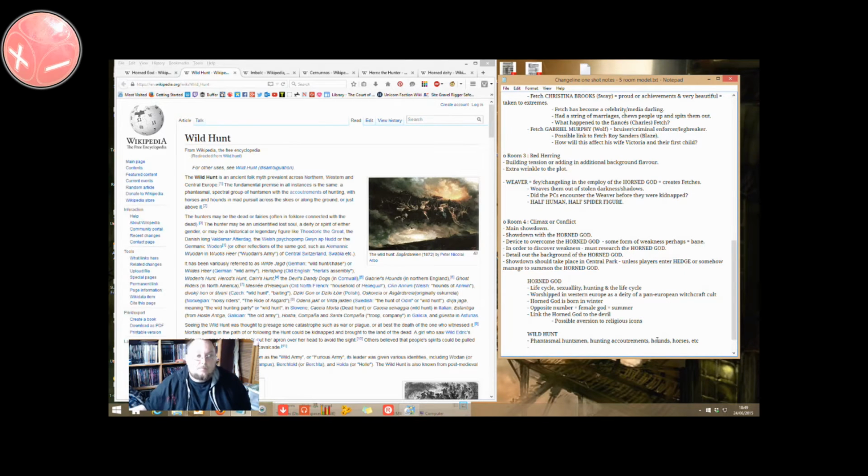Hunters may be dead or fairies, depending on the specific myth.